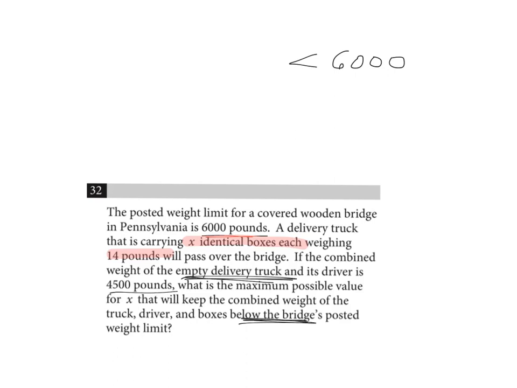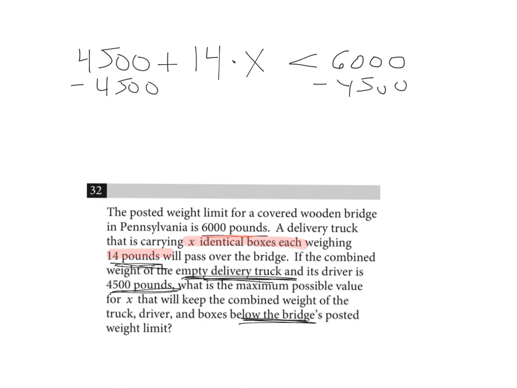Here the empty truck and its driver is 4,500 pounds, and then each of these boxes weighs 14 pounds. So 14 is the weight of each box, and it's carrying X boxes. So this particular question is asking you to solve this inequality. Here we'll subtract 4,500 on both sides.